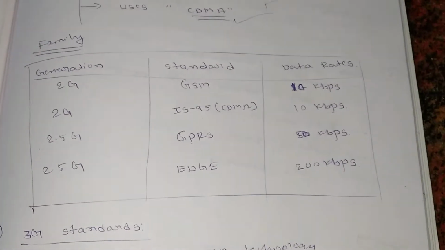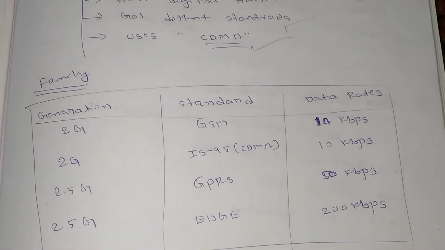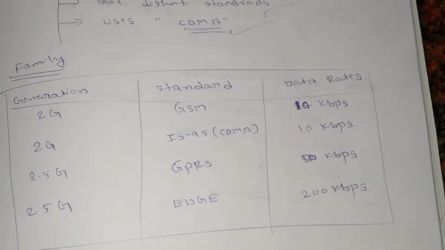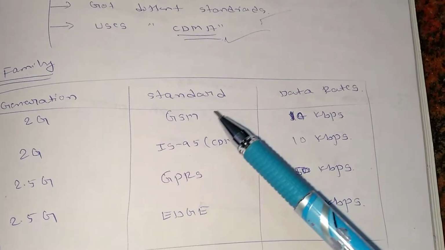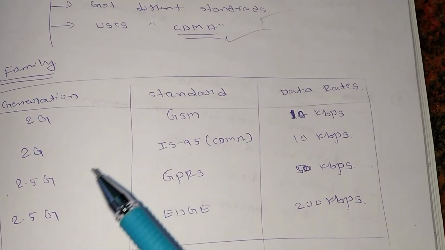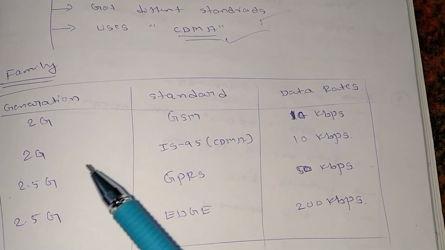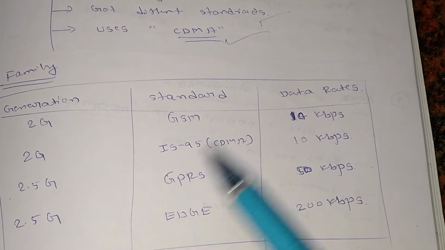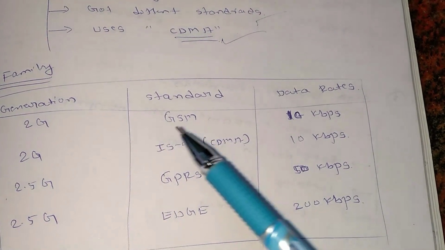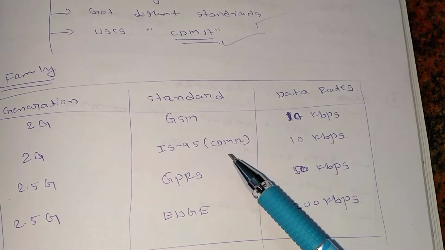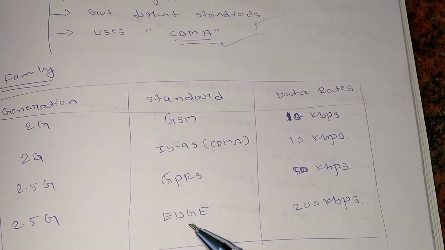Now we'll discuss the variants, or the family, of 2G: generation, standard, and data rates. 2G has four generations: 2G, 2G again, 2.5G, and 2.5G. The different standards are GSM, IS-95 which uses CDMA, GPRS, and EDGE.